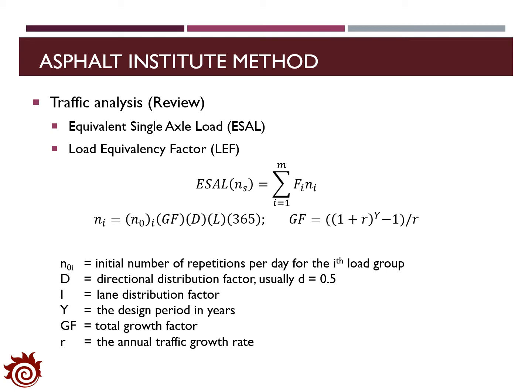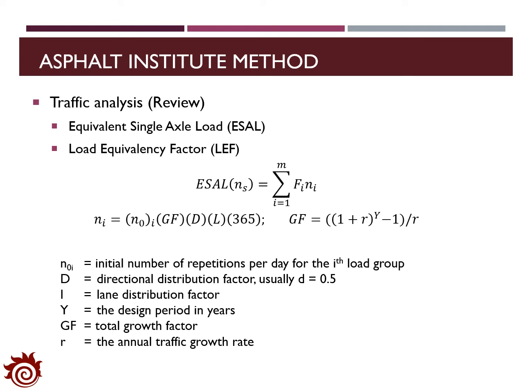The first factor we have to consider for the AI method is traffic loading. We have already introduced the traffic loading analysis in the previous lectures. Here we are making a brief review about the analysis. In the analysis, we define two variables, equivalent single axle load, ESAL, and the load equivalency factor, LEF.